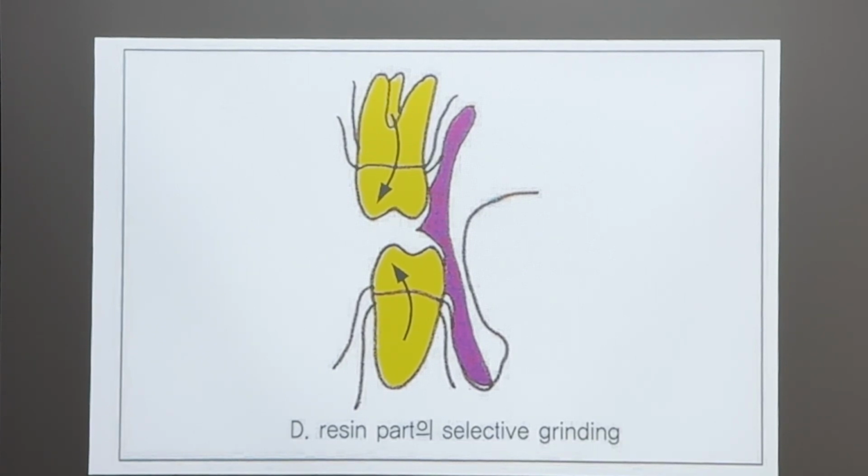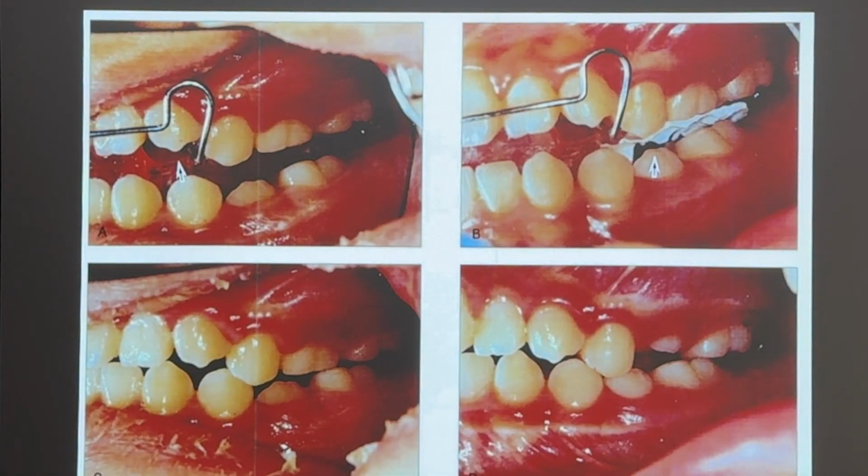So this drawing is for a little buccal eruption induction, okay. So let's check again. This is for the selective grinding for the cusp eruption.